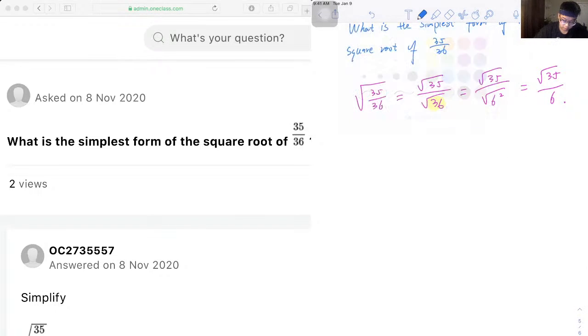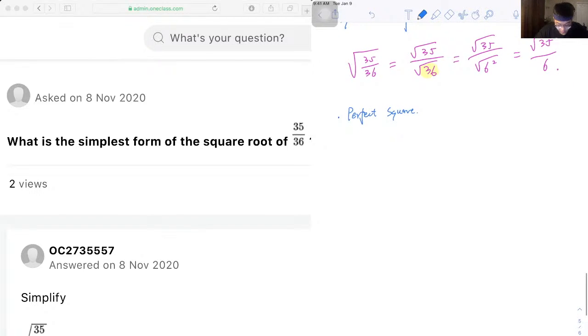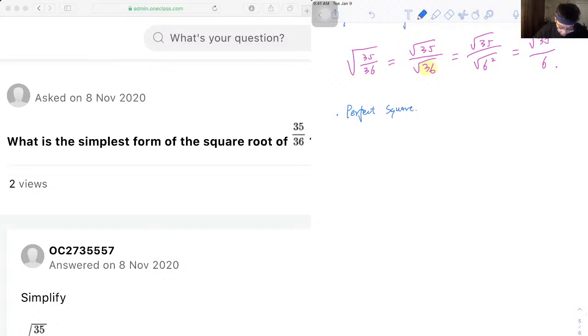And I just want to elaborate a little bit more about perfect squares. First, let's write some perfect squares out.